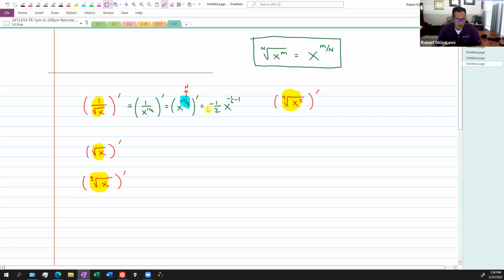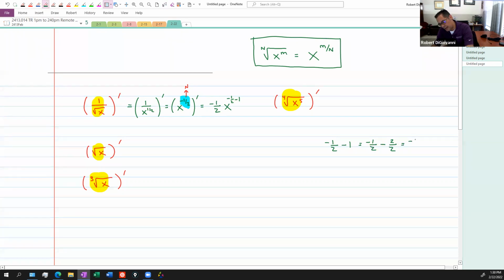So I bring the negative 1/2 out front, and then I have to subtract 1 from negative 1/2. This is a part you're just going to have to get good at. Take negative 1/2, subtract 1. Get a common denominator, subtract 2 over 2. And then put the numerators together.